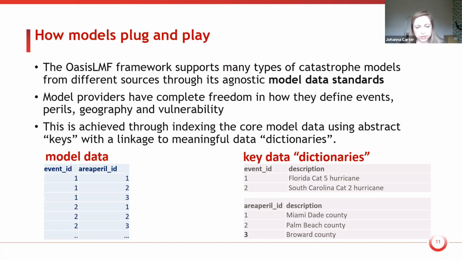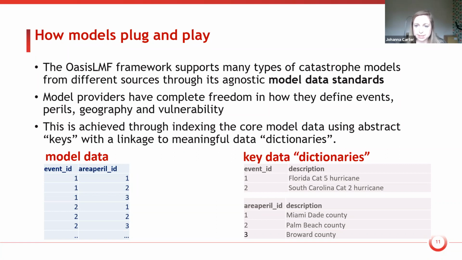We've designed the agnostic model data standards to enable that. No matter what the peril and region, model providers have freedom in how they define events, perils, geography and vulnerability. The way that we have enabled that is by essentially separating the data into two categories.